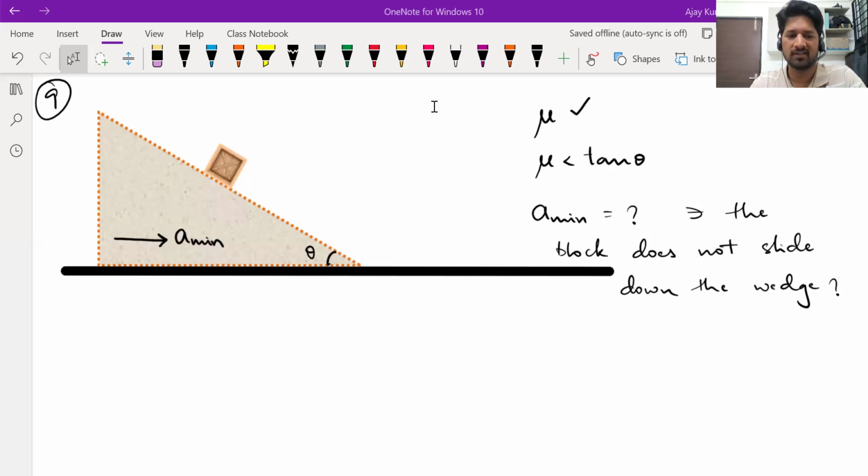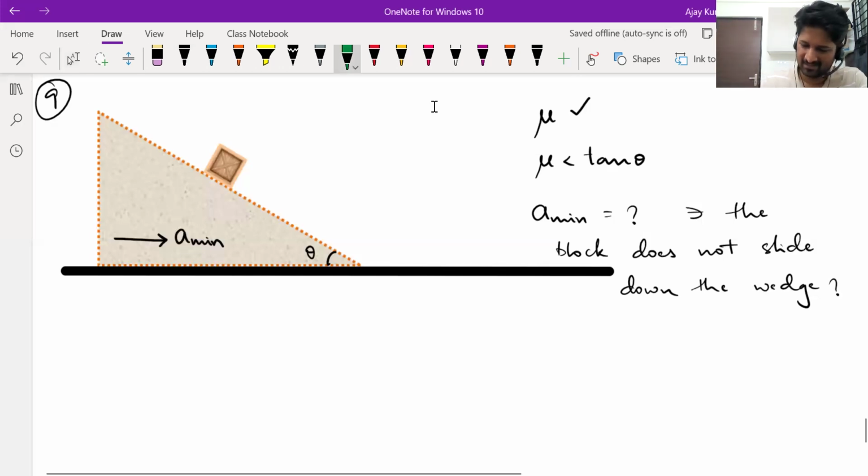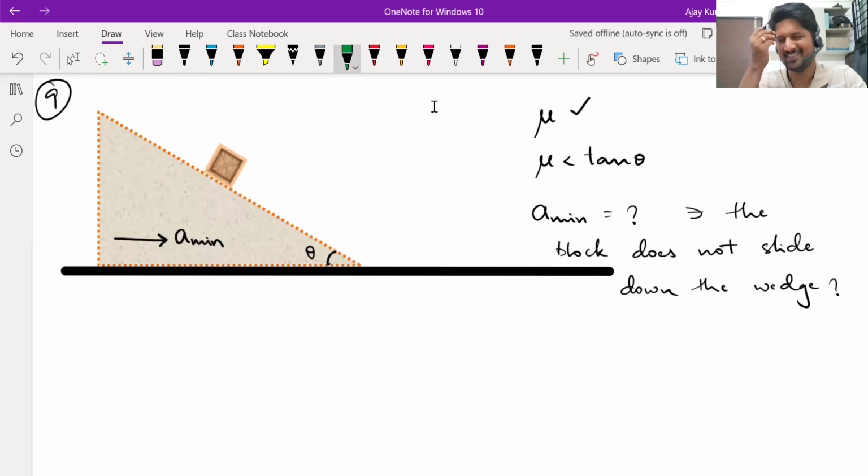Forces acting on the block. Sir, mg sin theta. Weight components, mg sin theta, mg cos theta will be acting. What else? What other forces act on the block? There is friction there, or is it smooth?